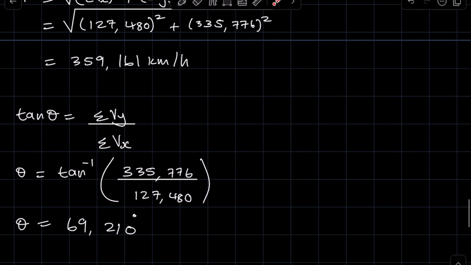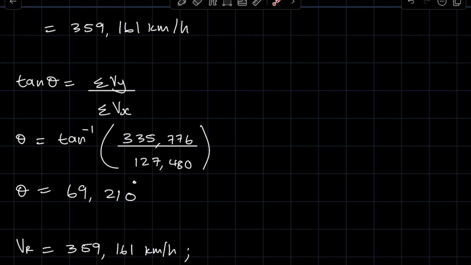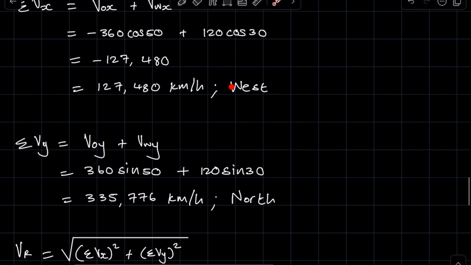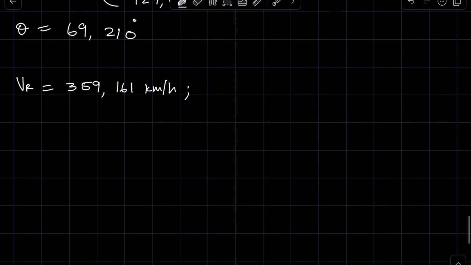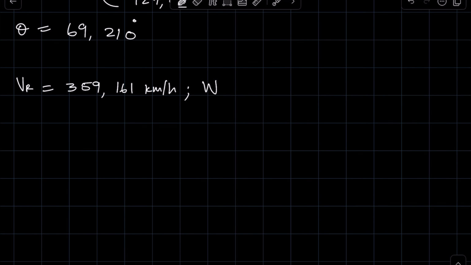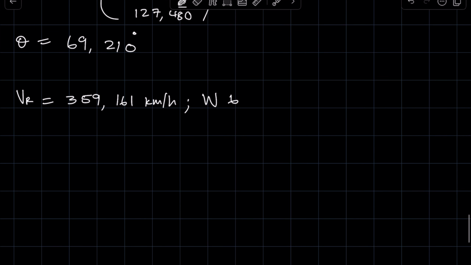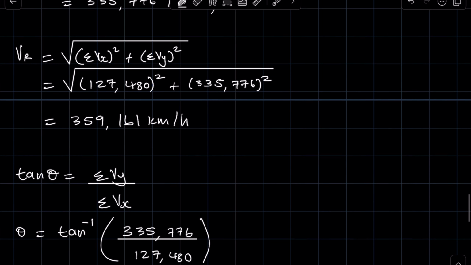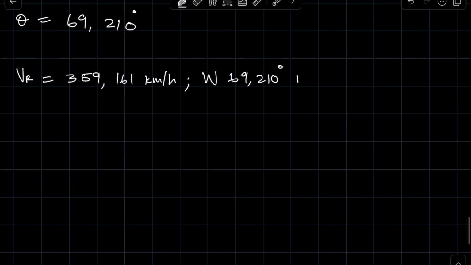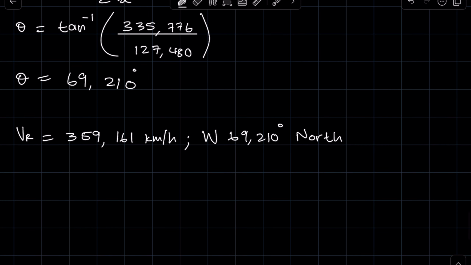We've already established that our angle is referenced from the x-axis. Between the two components, this one represents x, which is west. So this angle will be west. The angle itself is 69.210 degrees, and this is headed north. And this would be your angle.